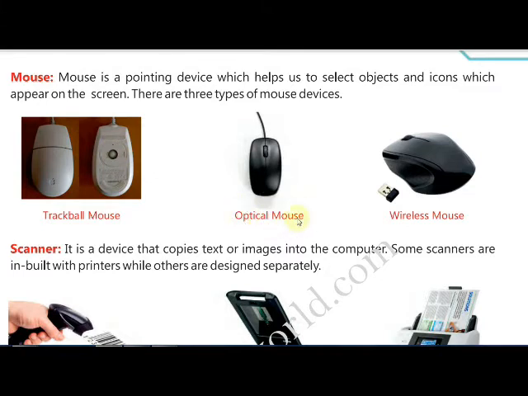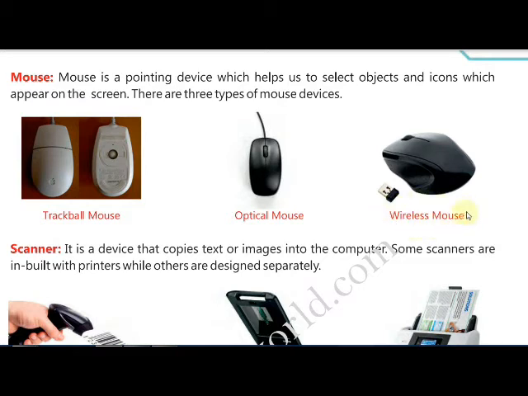Then we have an optical mouse. Generally we use it, it has a wire. And this is a wireless optical mouse. Why is this mouse called an optical mouse? Because it uses a laser instead of a trackball or roller. And what about wireless?